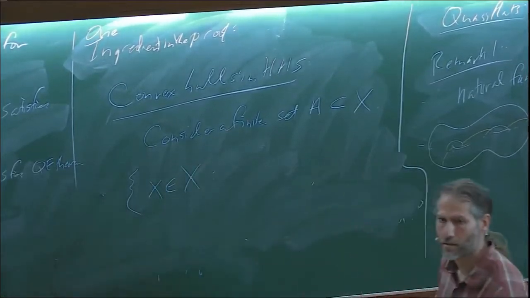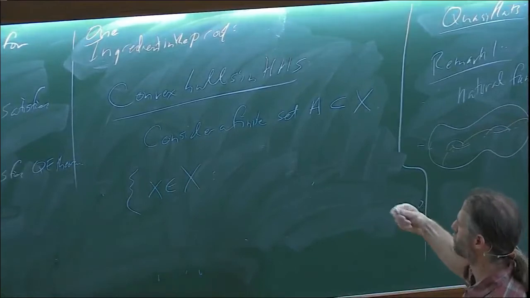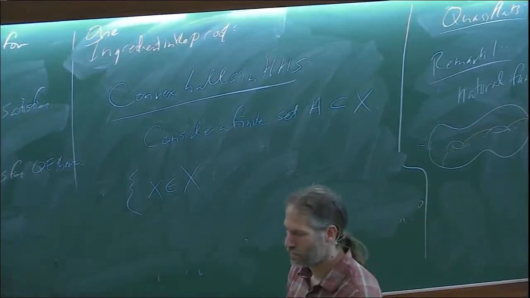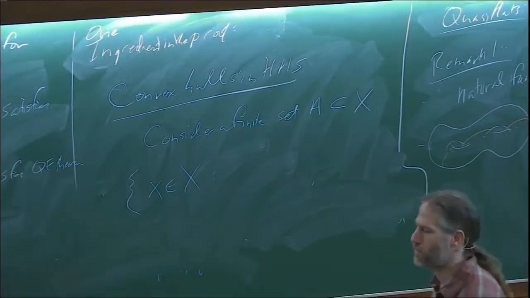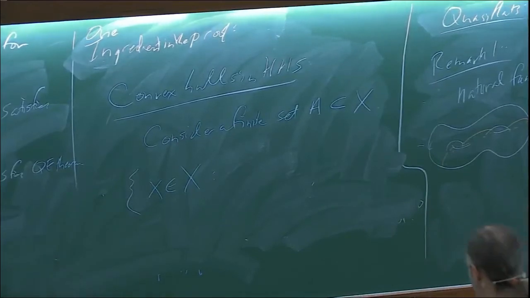So where do all these delta hyperbolic spaces come in? This is exactly where.